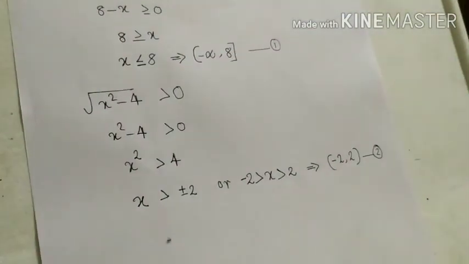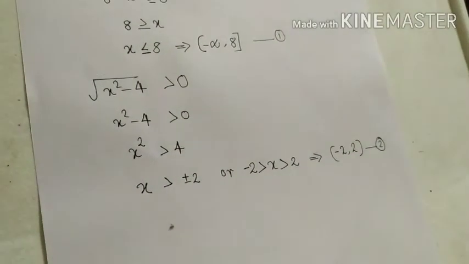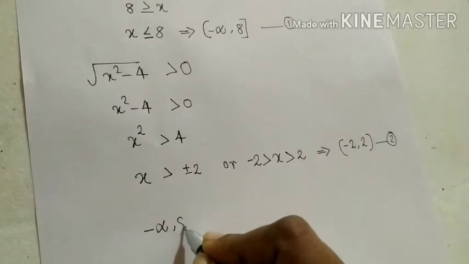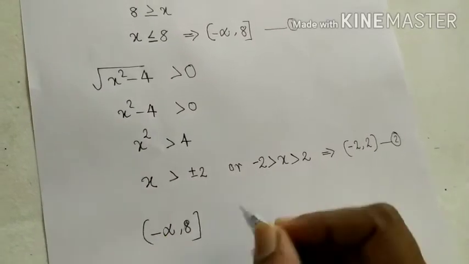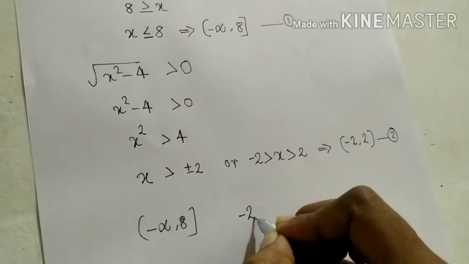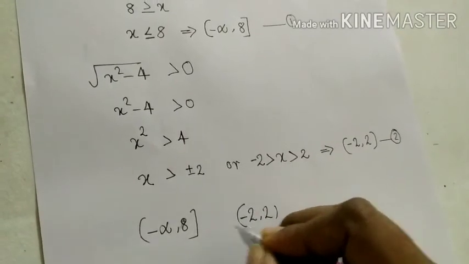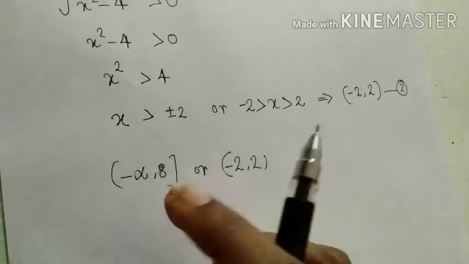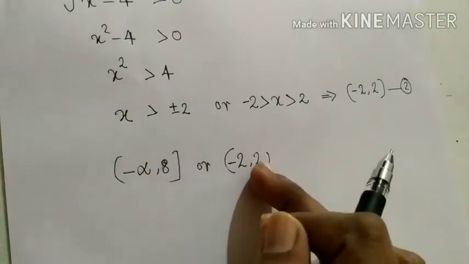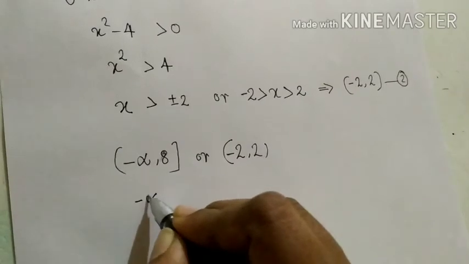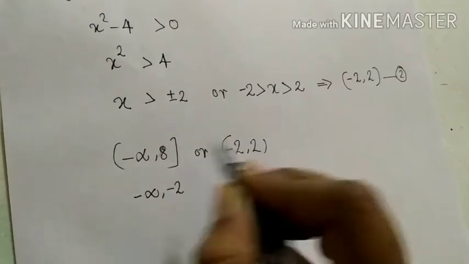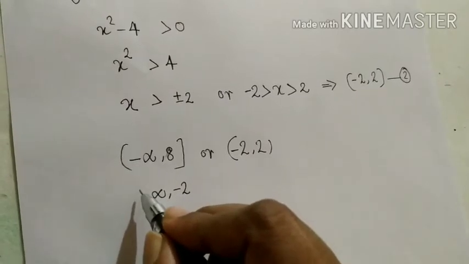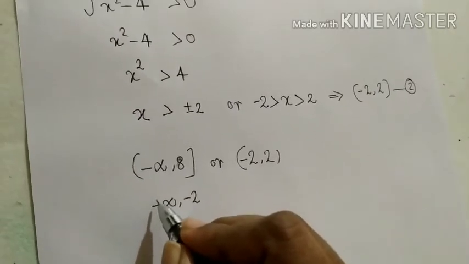Here the first part is minus infinity to 8, and the second function domain is the open interval (minus 2, 2). In these two intervals, minus infinity to minus 2 are common.